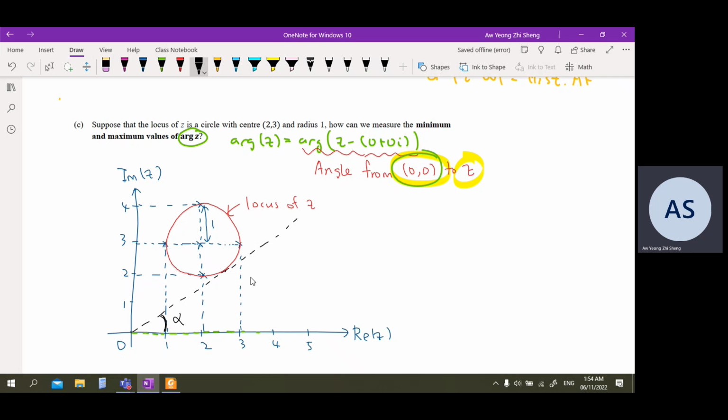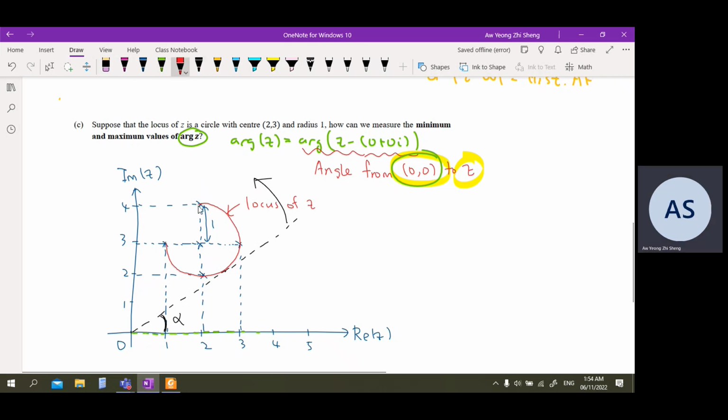Then what about the maximum value? For the maximum value of argument z, you will have to keep rotating your ruler. Then you will try to figure out when is the last time your ruler touches the circumference of the circle before it stops touching the circle. So that will be a tangent line to the circle on the other side.